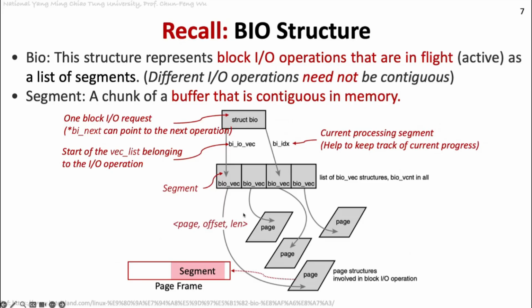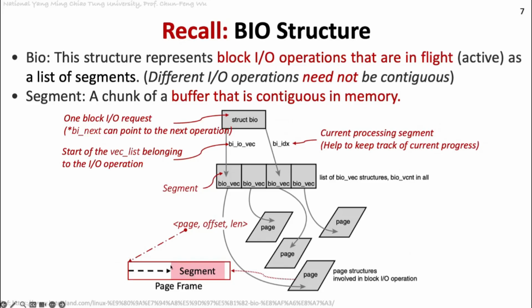Using these three parameters, we make the segment very flexible. What do I mean? With these three parameters, the BIO structure can find out which page frame stores this segment. Inside the page frame there are 4 kilobytes, but maybe the segment size is smaller than 4 kilobytes and it does not start from the very beginning.